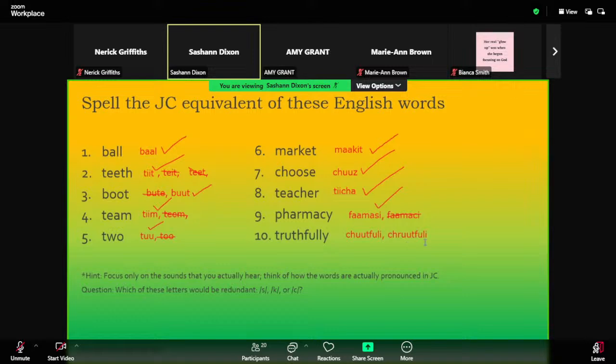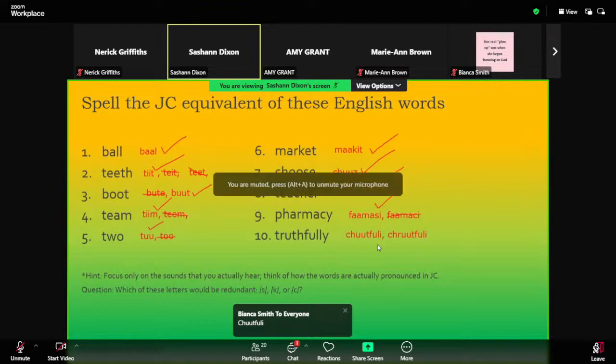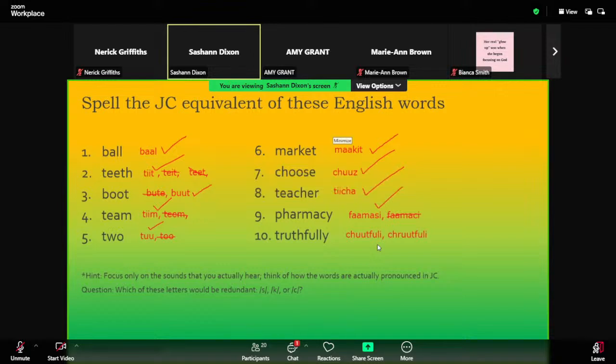Option 1, option 2. The pronunciation, truthfully. Option 1 or option 2. So Bianca has the first spelling and Janine has the second spelling.